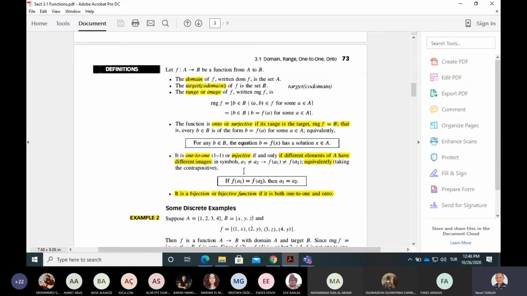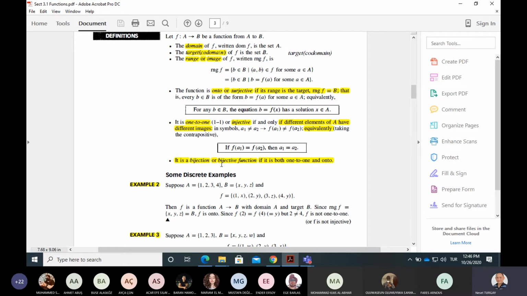In symbols, a1 not equal to a2 implies f of a1 not equal to f of a2. Equivalently, if f of a1 is equal to f of a2, then a1 has to be equal to a2.